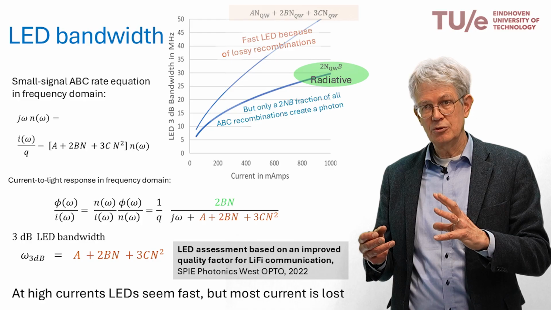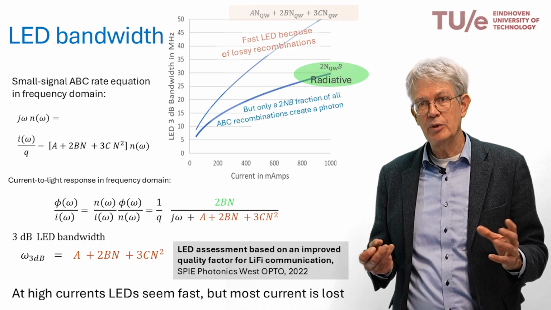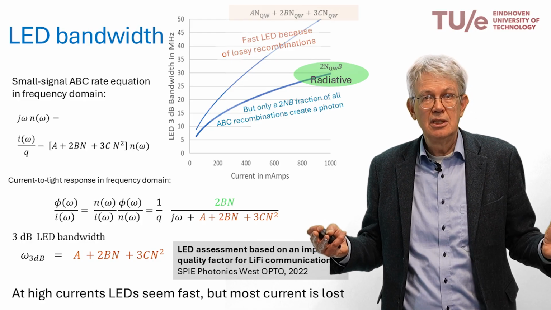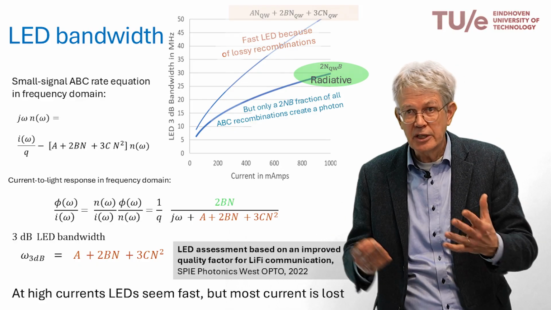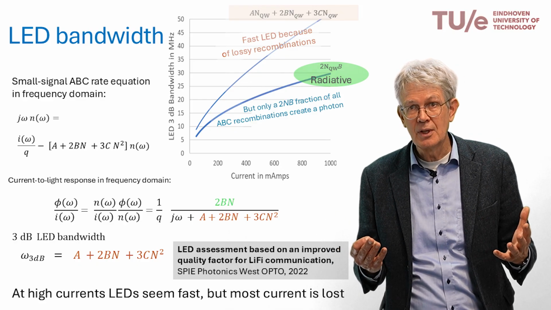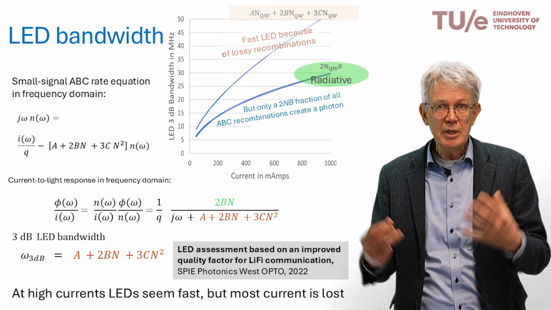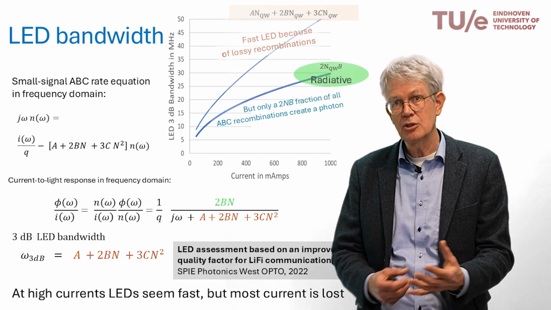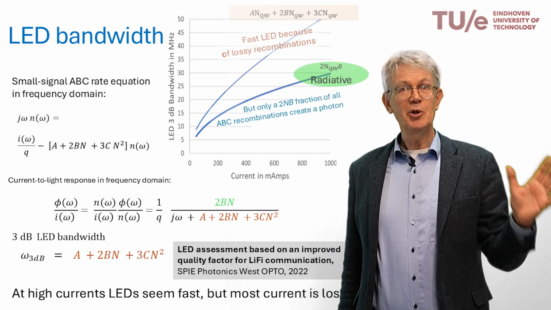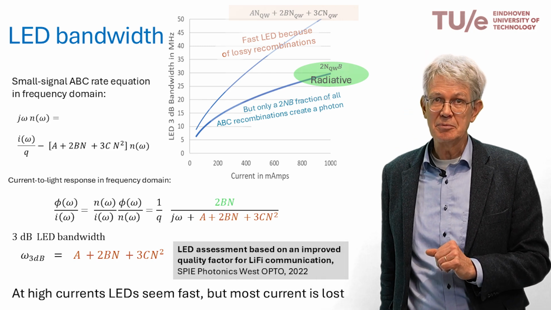Many of the holes and electrons recombine in a non-radiative way. You just lose energy. Yeah, the LED responds faster to fluctuations in the current, but that is all because so many holes and electrons are lost because they recombine very rapidly because of this droop effect. And that all makes it a very interesting optimization.